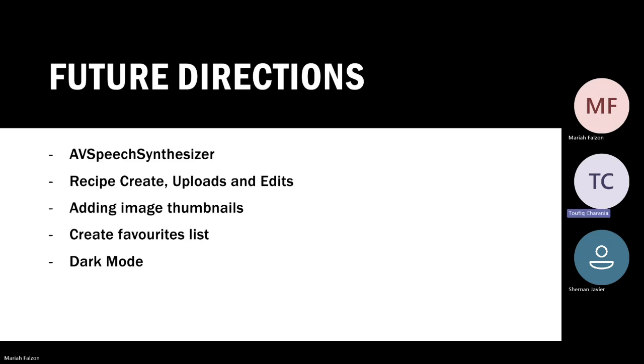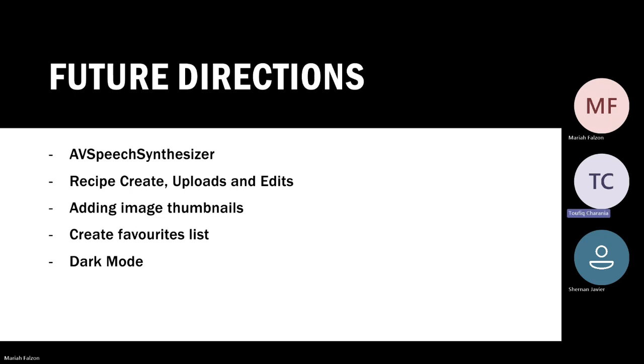So in the future, we plan on adding a number of features to the application. The first is an AV speech synthesizer. This would allow users to search by using their voice. They would hit a search icon and speak, and it would convert that into text and then search the API for recipes. Another feature would be for users to create recipes, upload and share.